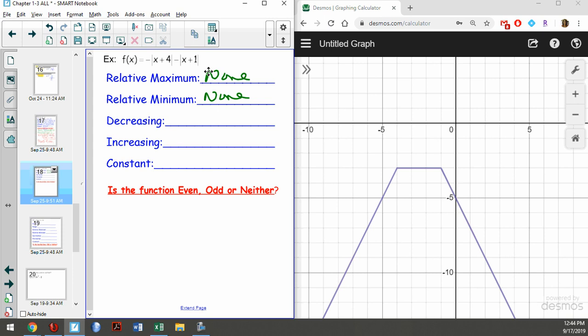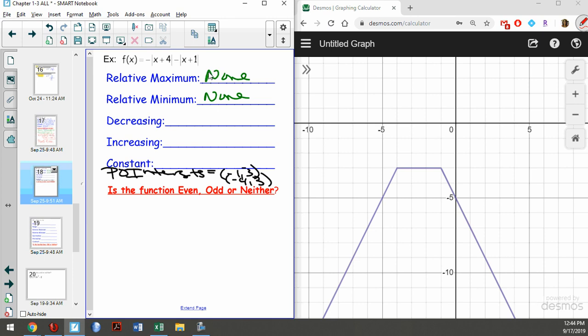It's 3, sorry. So my points of interest are going to be -1, 3 and -4, 3. Those are supposed to be -3, right? Yes. Can we see that? I need those so that I can look at my increasing, decreasing, and constant concepts, yes?